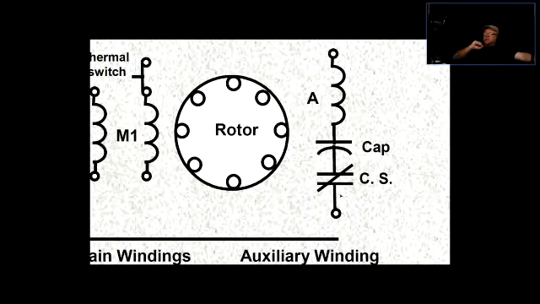Once the motor starts spinning, the centrifugal switch is going to open and this auxiliary winding will be disconnected, and the only thing that is going to be in the circuit will be the main windings.